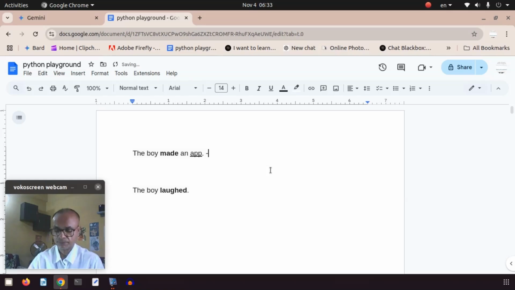So it is the object of the verb made. Now come back to the second sentence. The boy laughed. If I say the boy laughed, I make complete sense, because you know what the boy did. The boy laughed.